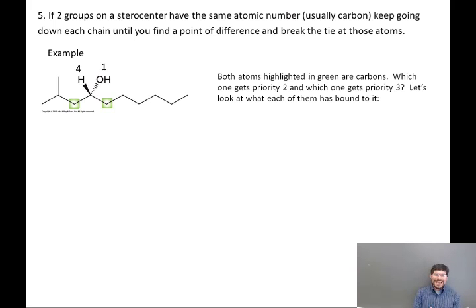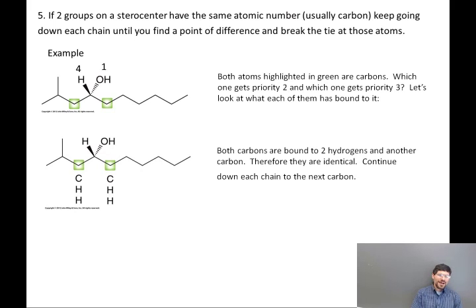It is fairly obvious that the oxygen is going to get priority 1 and the hydrogen is going to get priority 4. But which of these carbon chains is going to get priority 2 and which one's going to get priority 3? Well, what we're going to do is look at the carbons highlighted in green and look at what is bound to each of these carbons.